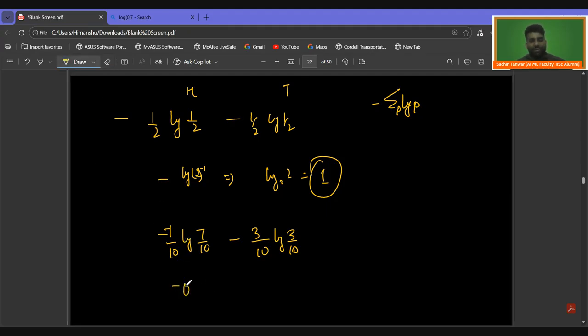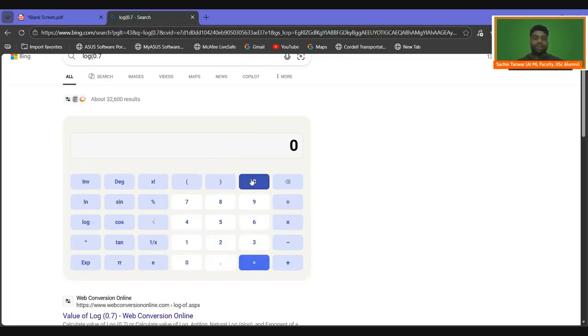Minus 0.108, because log of 7 by 10 was negative. Now similarly, I'll calculate log of 0.3. That is minus 0.522, and I'll multiply it by 0.3, giving me minus 0.156.